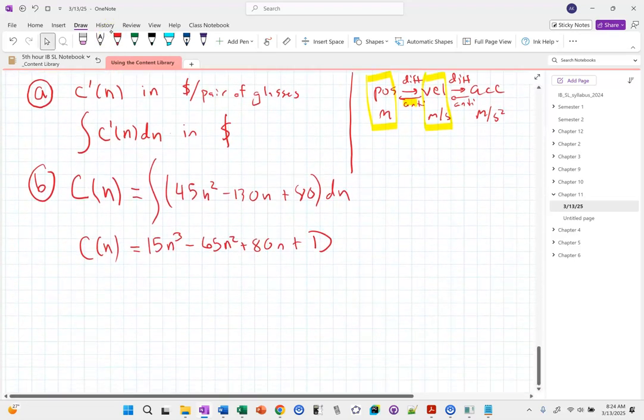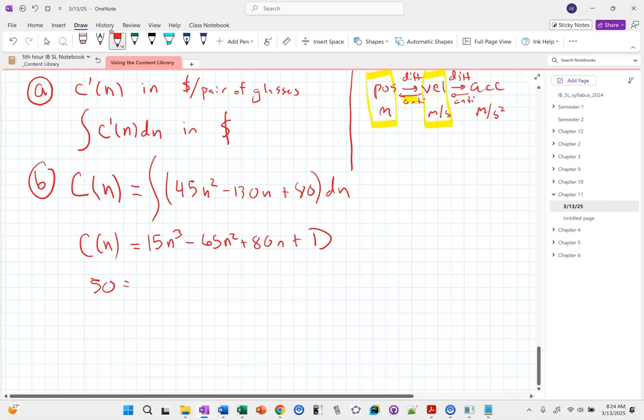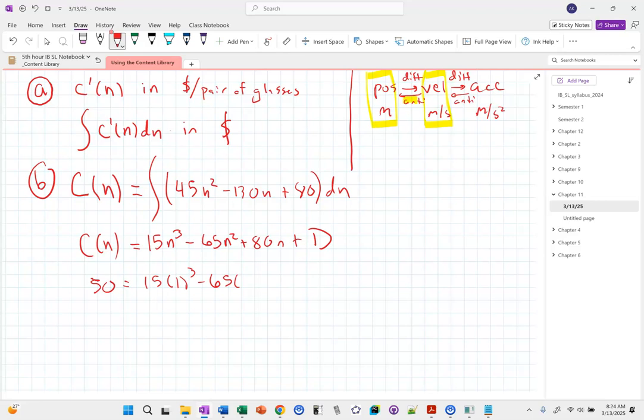So we then say 50 is equal to, and then we can plug our 1 in. So that's going to be 95 minus 65, so that's 30. And then D is 20.